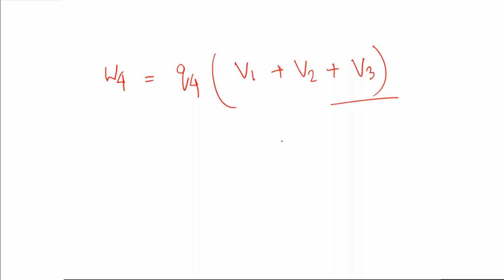Okay, all these three will be actually because when I am bringing the fourth charge, I am already seeing that Q1, Q2, Q3 they are sitting over there. They will be creating a potential around this point, where I am bringing the fourth charge.